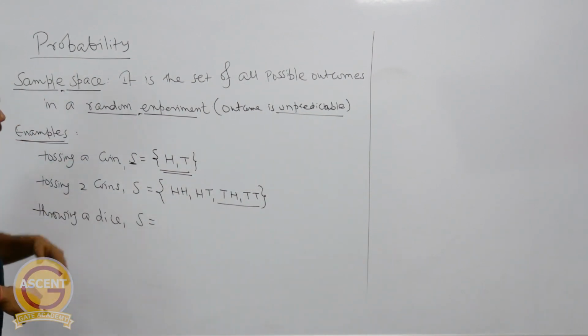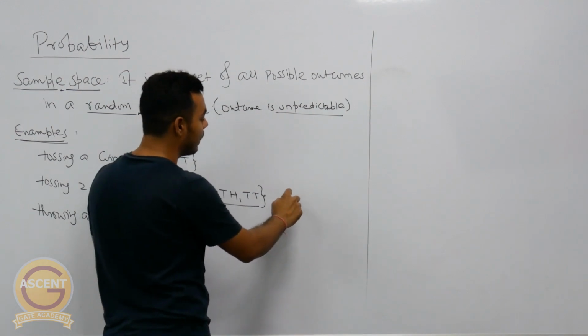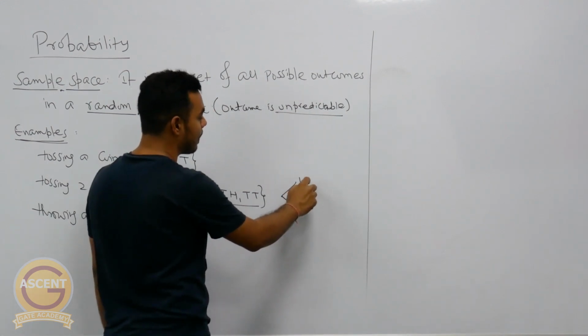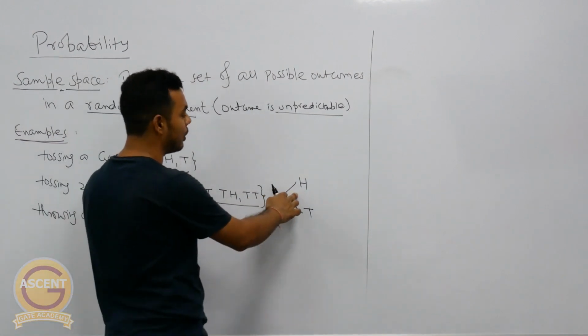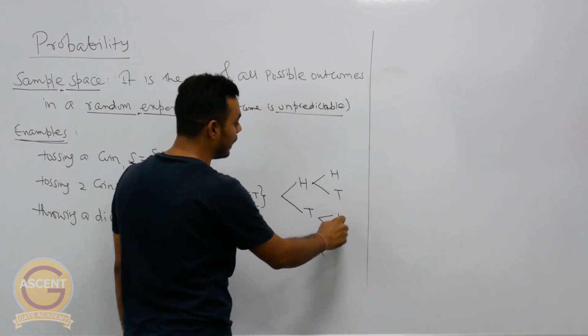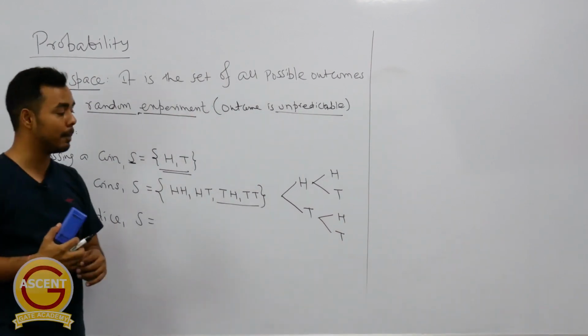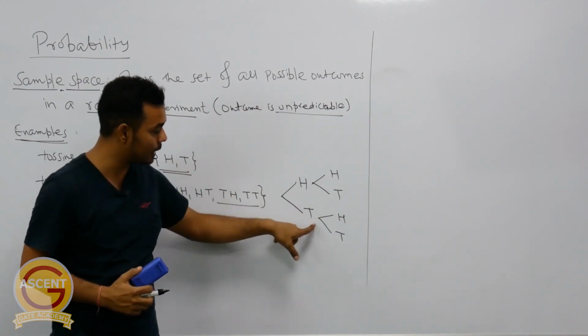In order to write the sample space, you can also write it using the concept of a tree diagram. For example, if we are tossing 2 coins, there are two possibilities, head or tail on the first coin, and corresponding to each possibility you will have two possibilities on the second coin. So this means here your sample space will be head head, head tail, then tail head, tail tail.